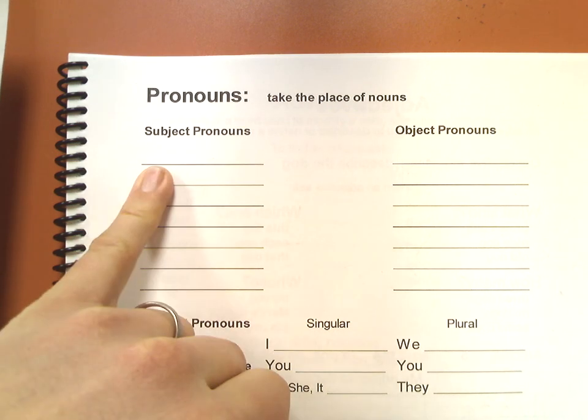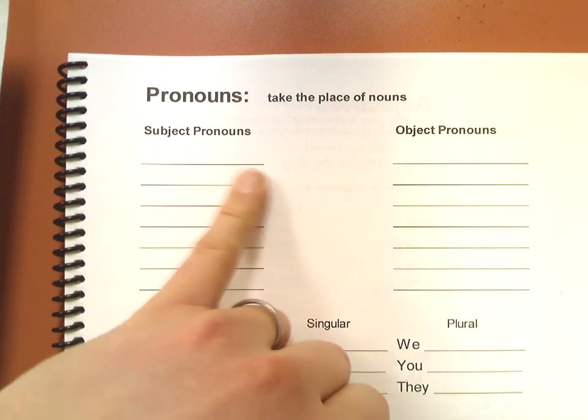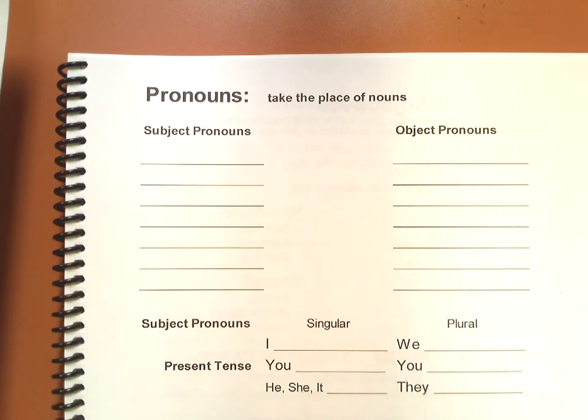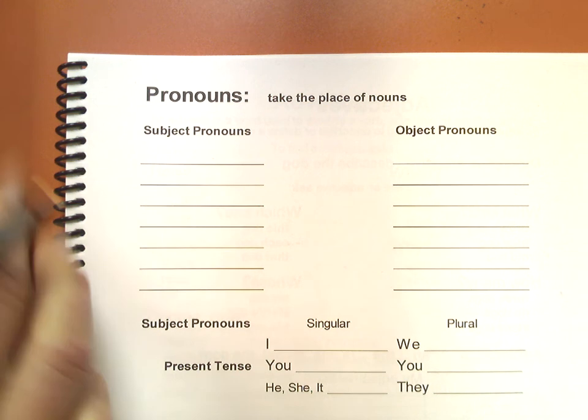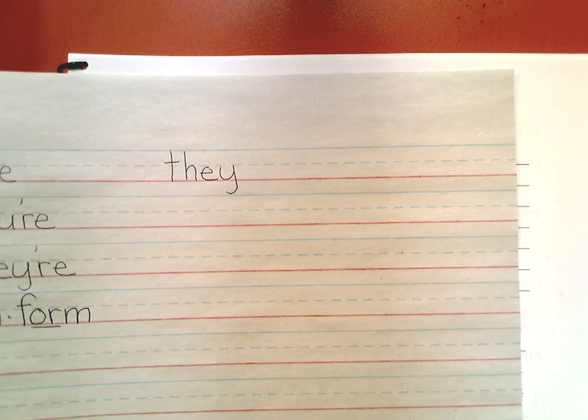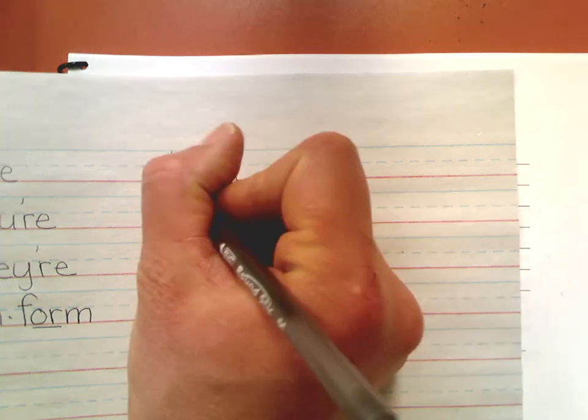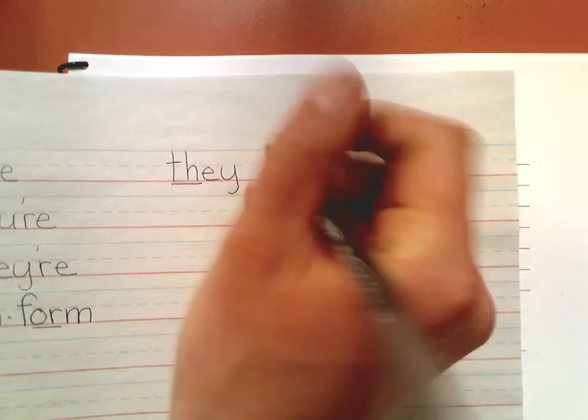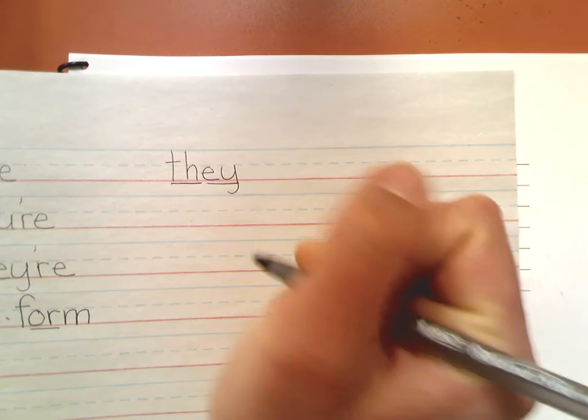All right, so go ahead and write they right here under your subject pronouns. All right. Since I don't think we've actually learned this one this year, you can go ahead and mark it. You would have learned it last year, they.